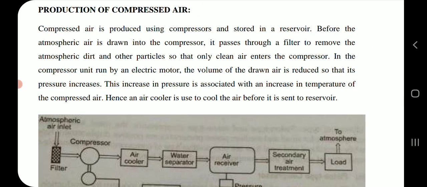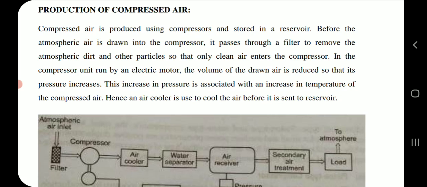Production of compressed air. Compressed air is produced using compressors and stored in a reservoir. Before the atmospheric air is drawn in, it passes through a filter to remove the atmospheric dirt and other particles so that only clean air enters the compressor.